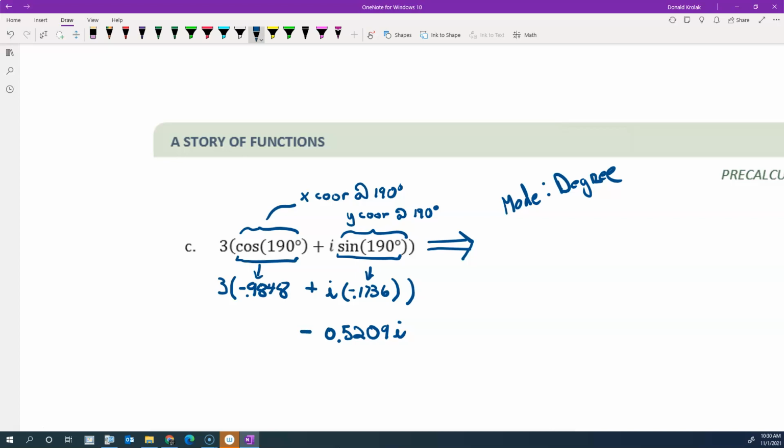And then the top one, 984.8 times 3, 2954.4.